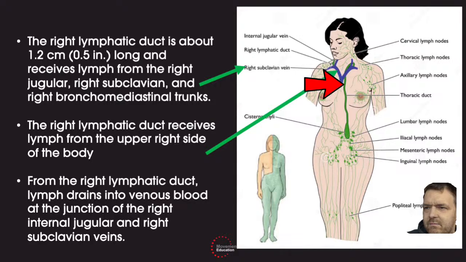There's a specific name for when they join together. I can't remember what it's called, but that will join into your superior vena cava. That point just there. So jugular, subclavian, and then the lymph from this side will drain into that superior vena cava there.